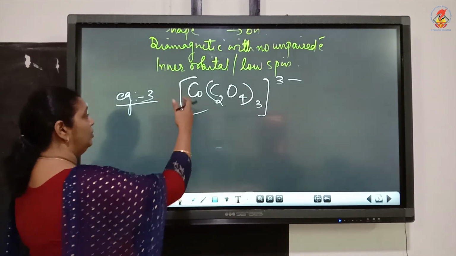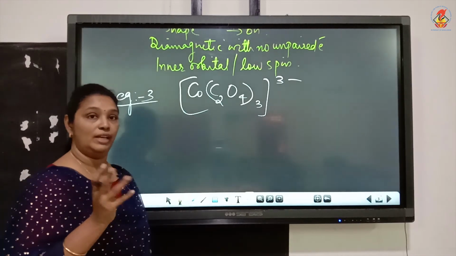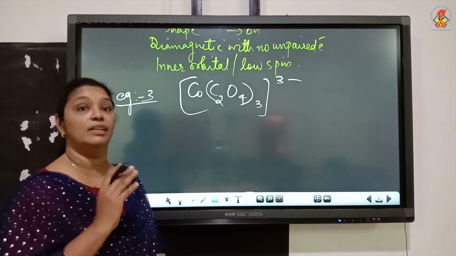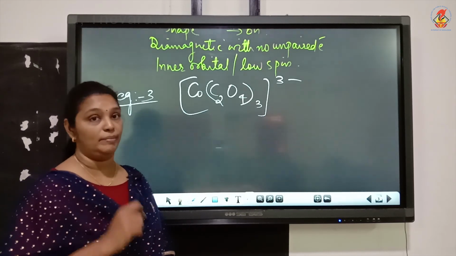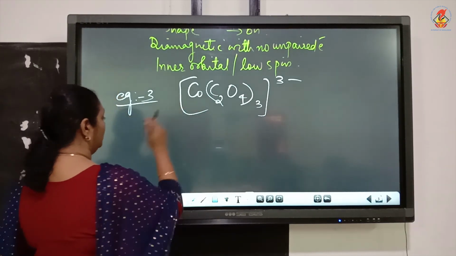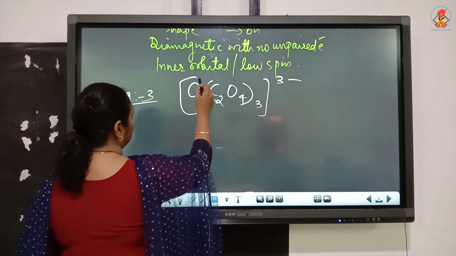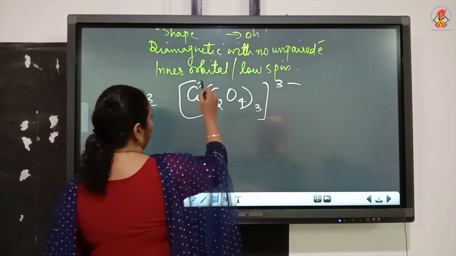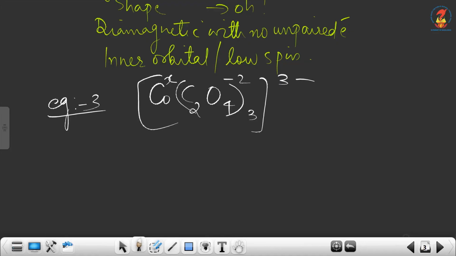Now we should know whether it is diamagnetic or paramagnetic. For that, you have to write just the electronic configuration, not all the steps. So look here, cobalt, we have to find the oxidation state: x minus 6 is equal to minus 3, x is equal to plus 3, which means cobalt is in 3+ oxidation state.